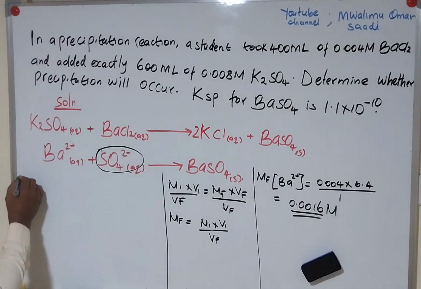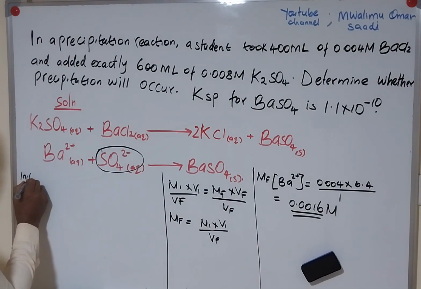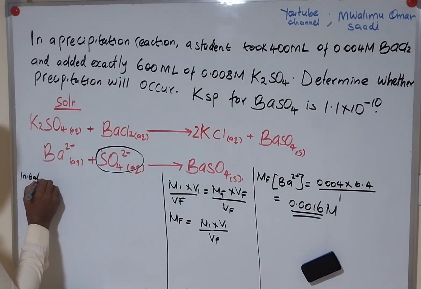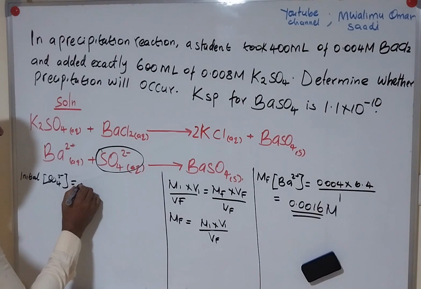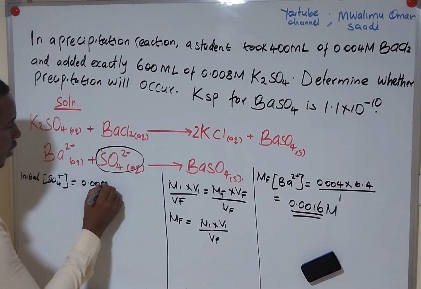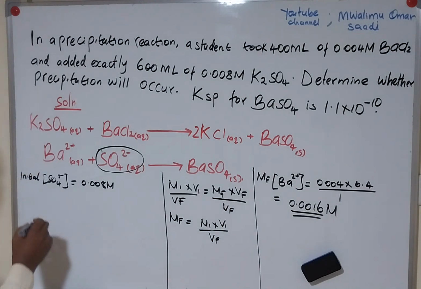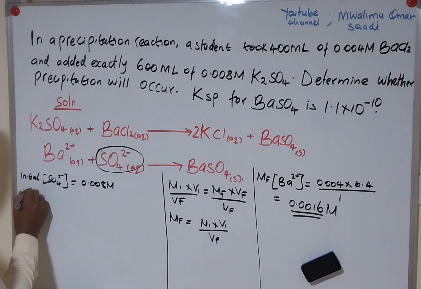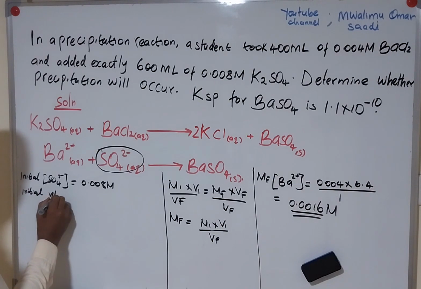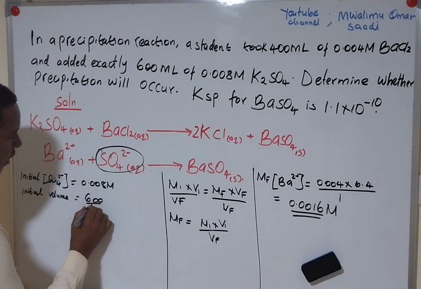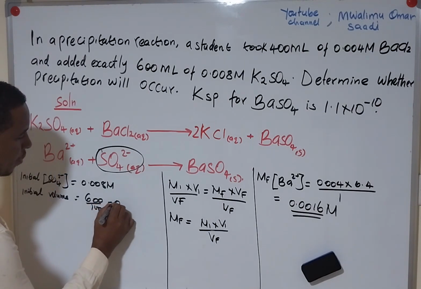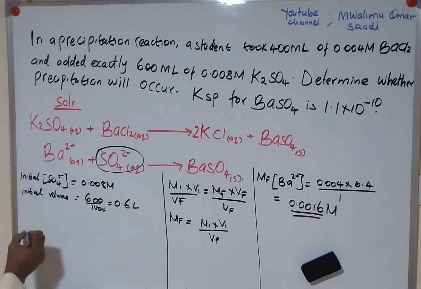So the initial concentration of sulfate ion is 0.008 molar. The initial volume is 600 ml, which changes to 0.6 liter.